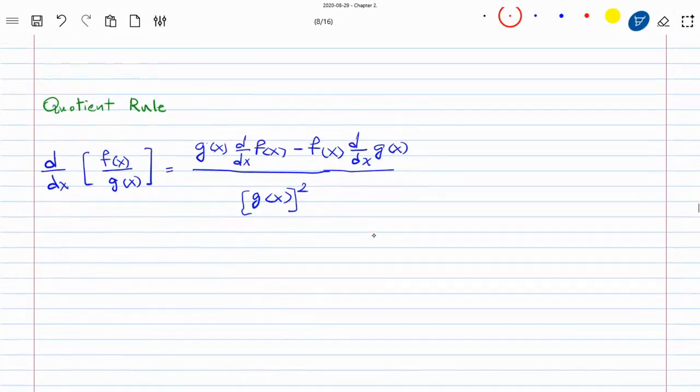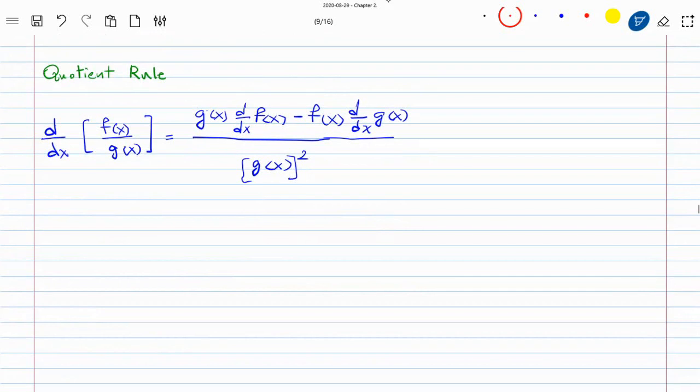Okay, how about the quotient? Again, this is another way to write it, but the best way would be if you have two functions divided by each other. What would be the derivative? The derivative would be the derivative of the first times the second function.